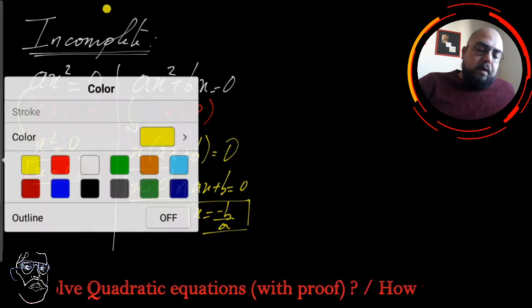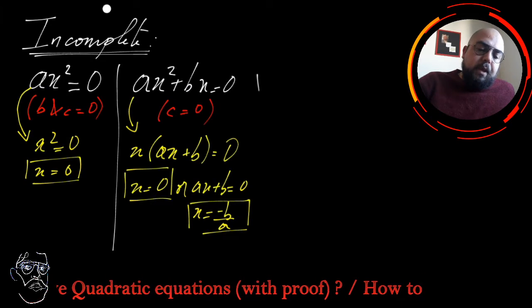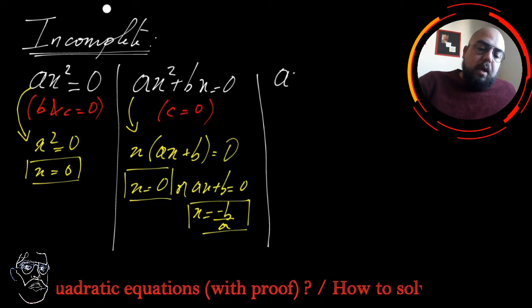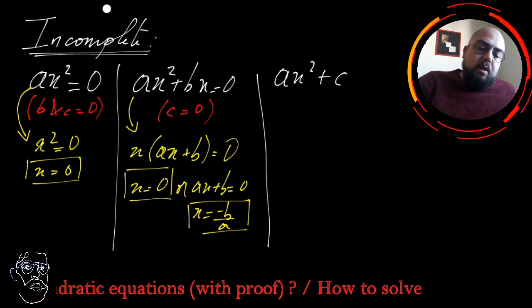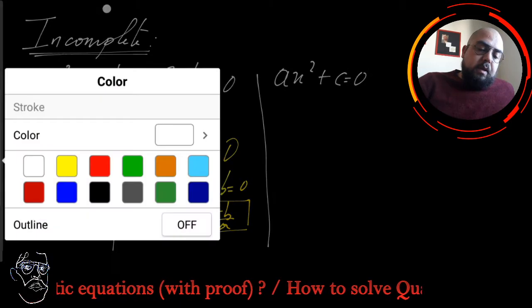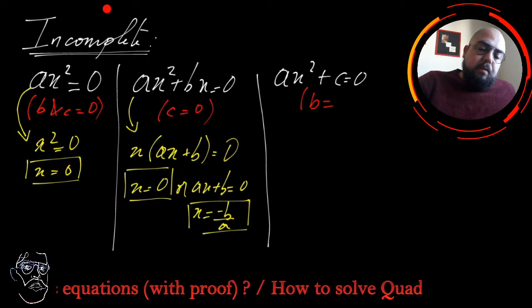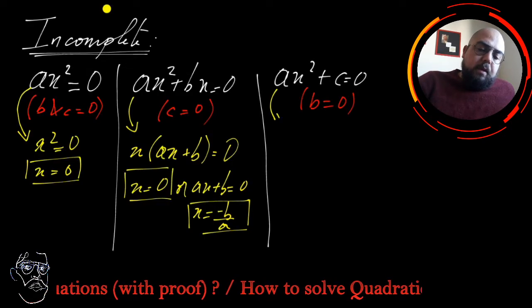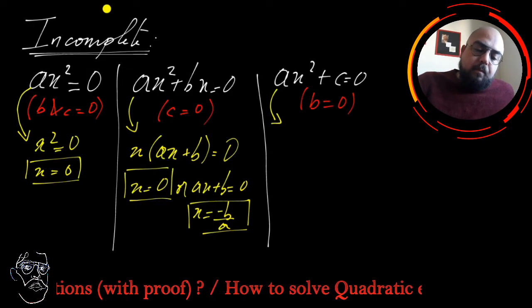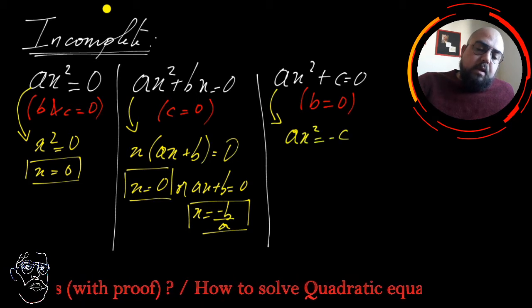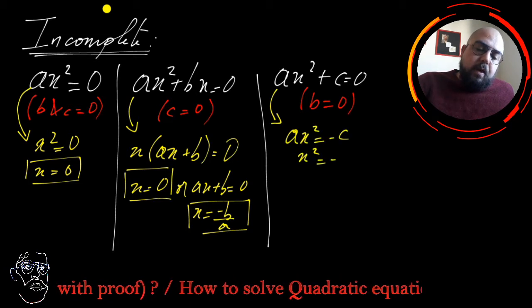Now what about the third form, where b is equal to 0? Your equation will be ax squared plus c is equal to 0. How do I solve? In this case you should pay attention. You simply say ax squared is equal to minus c, x squared is equal to minus c over a.